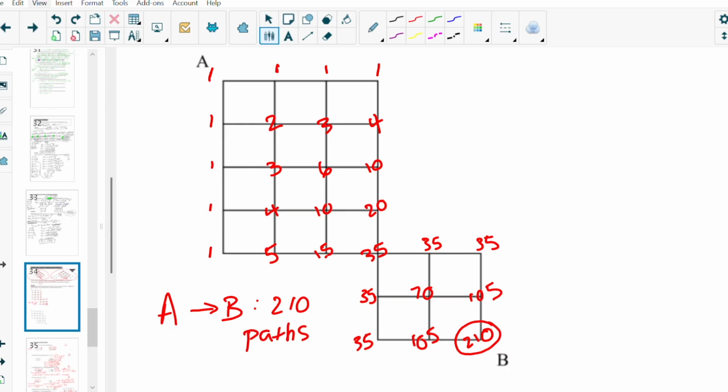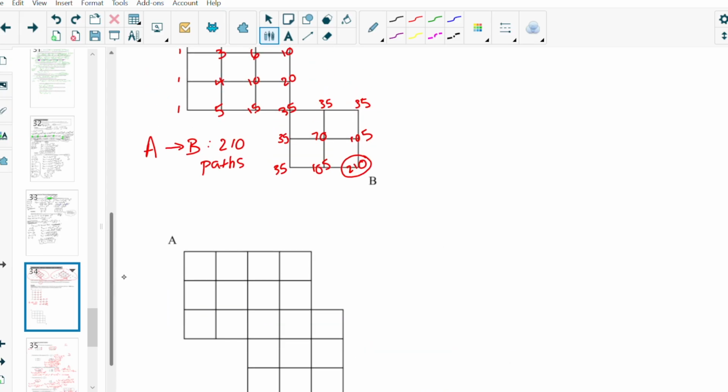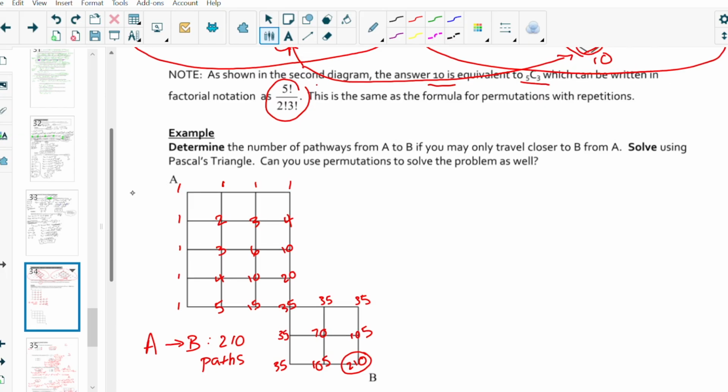The other question it asks is, can you solve this using permutations? Well, let's call this point X. So A to X, we have to go 1, 2, 3, 4 down, 1, 2, 3 right.